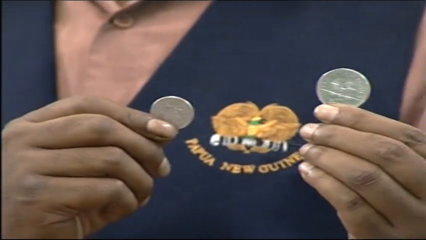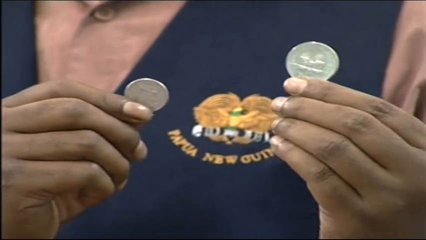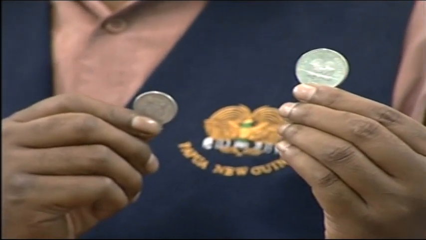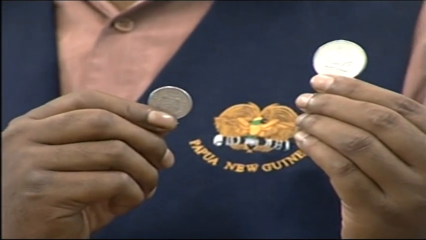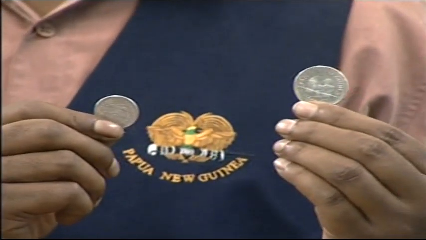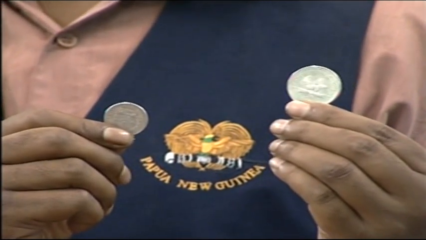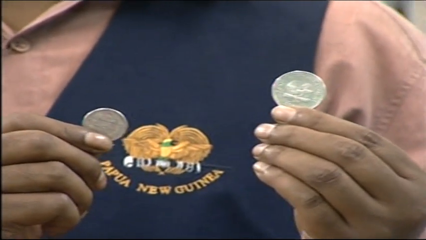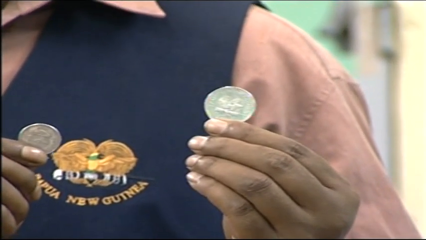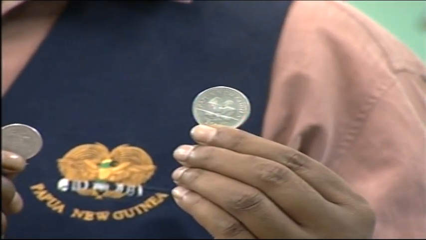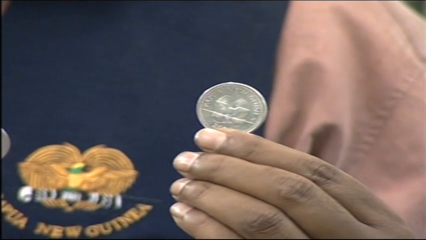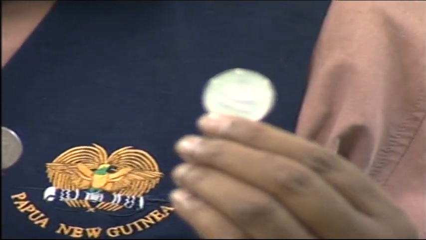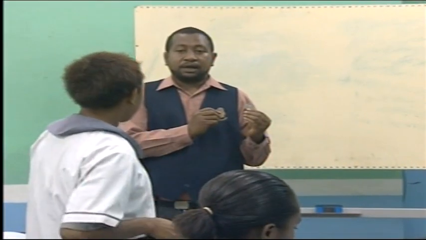70s and receiving students, what shape do you see from these two coins? Look carefully. Receiving students, you can tell your teacher. 70s, what shape do you see from these two coins? Evelyn.